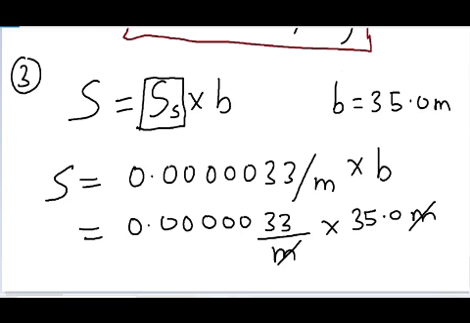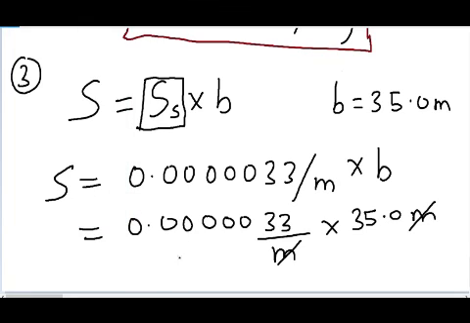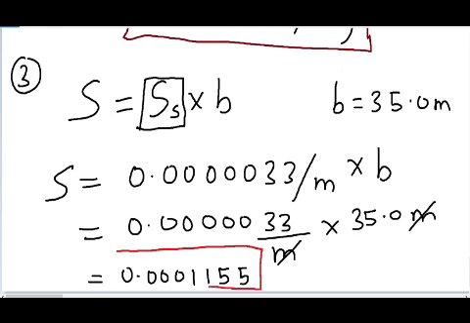So if you multiply 0.0000033 times 35, we have 0.0001155. This is the storativity of the aquifer.